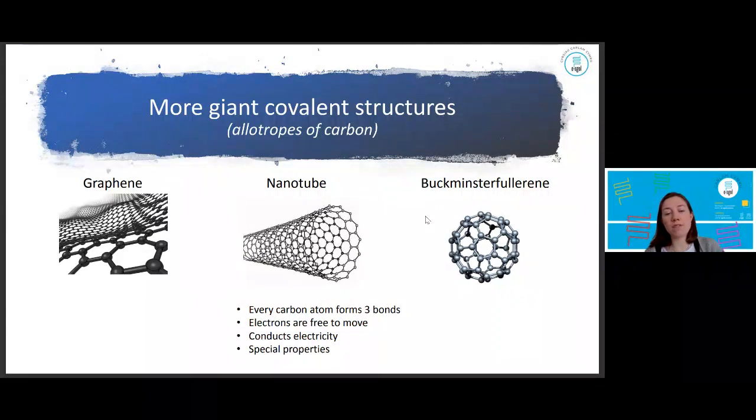That means there's 1 free electron to move for each carbon atom present, and all 3 of these will conduct electricity, therefore. They all have different, special properties. This kind of technology is really growing. It's a very exciting industry and something that maybe some of you might consider going into when you leave school.